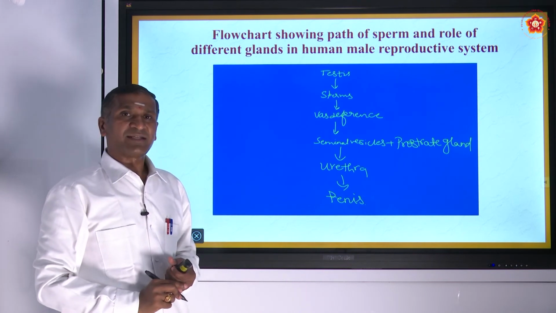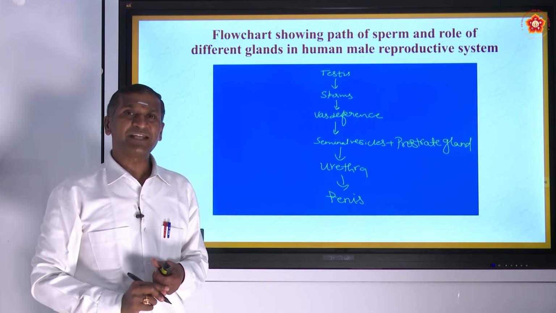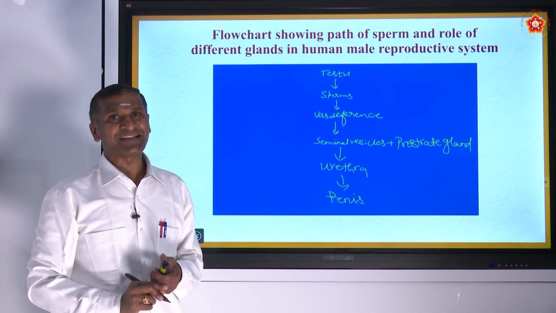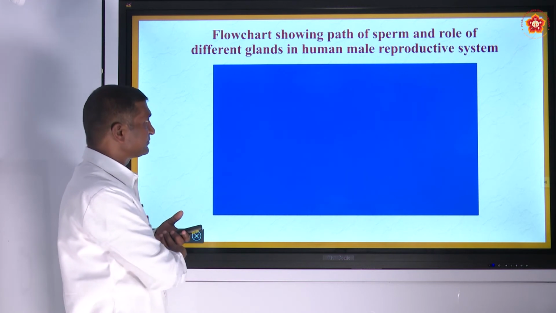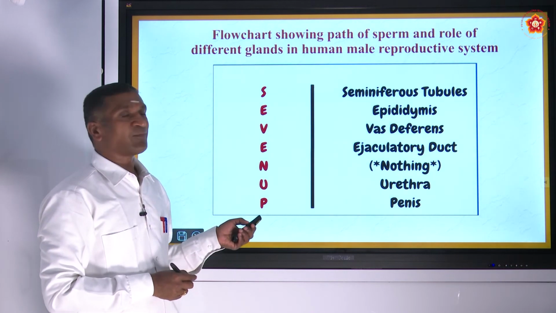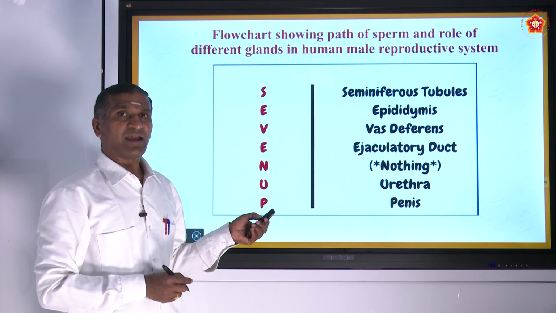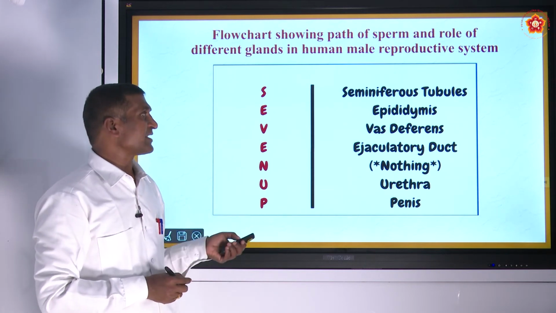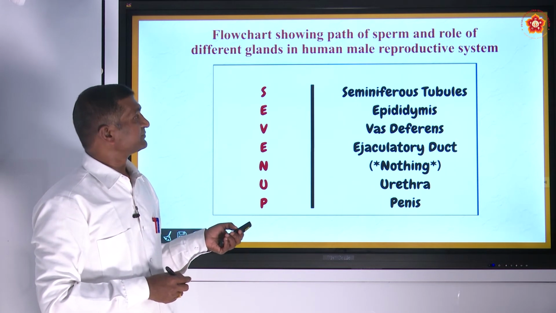Then it is carried through the urethra and finally ejaculated through the penis. And if you want a clue, that is 7-Up for the sperm production.